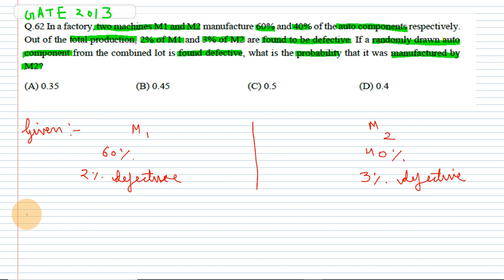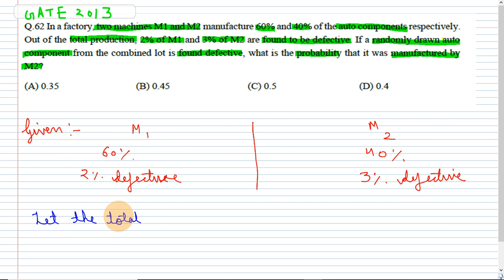So what will we assume? We will assume the total production. If we take 100 it will be more complicated; if we take 1000 it becomes very easy. So let the total production be 1000.